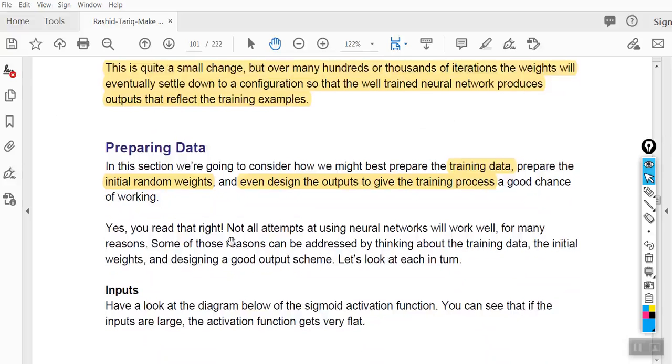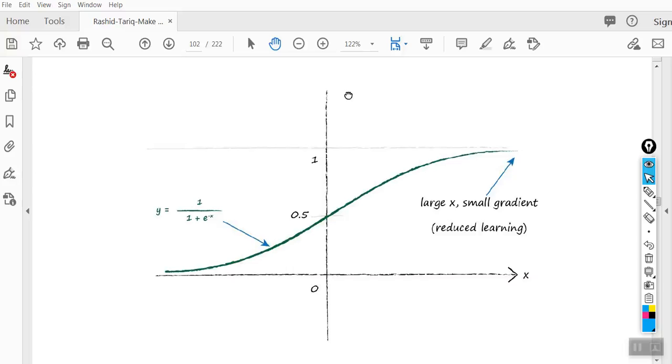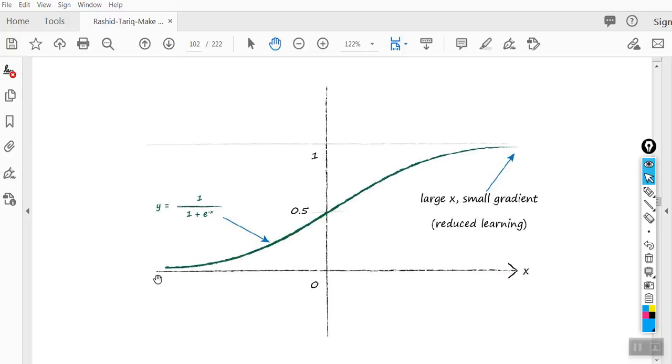And another thing: this is an example. Another thing is how we prepare data for initializing the neural network. For the inputs, if the values of the inputs are very large, then according to this activation function, the output is around 1.